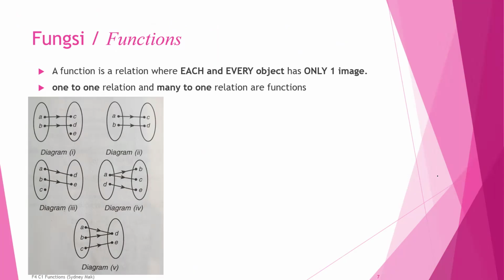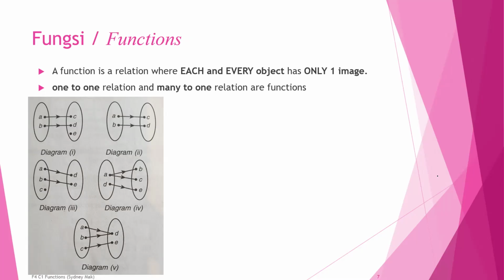A function is a relation. This is the definition of function, where each and every object has only one image. For the following diagrams, please decide whether they are function or not function, and justify.